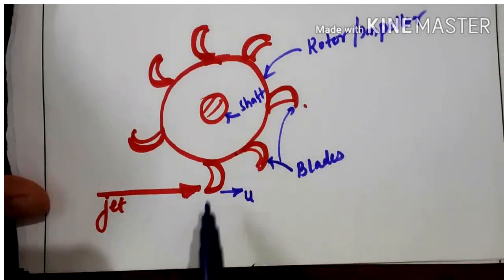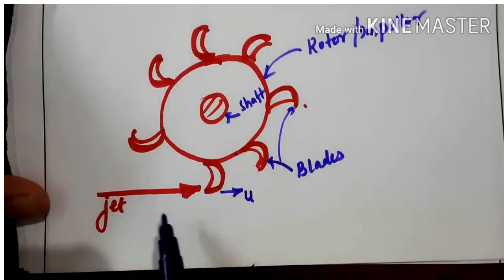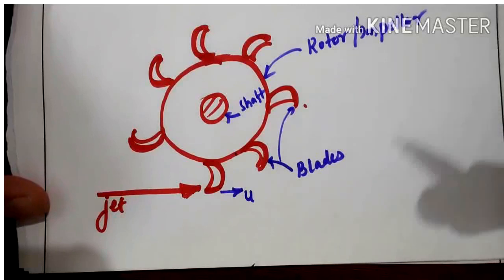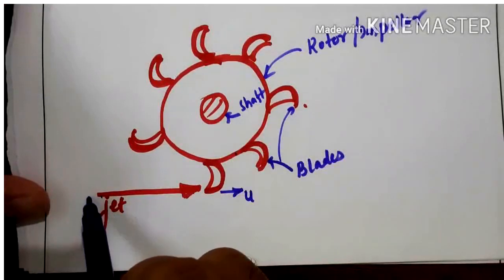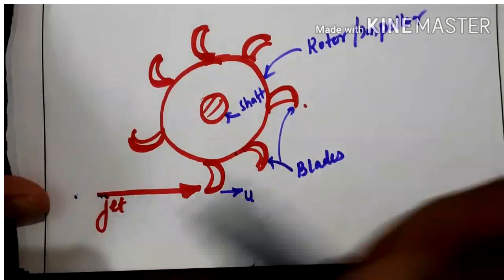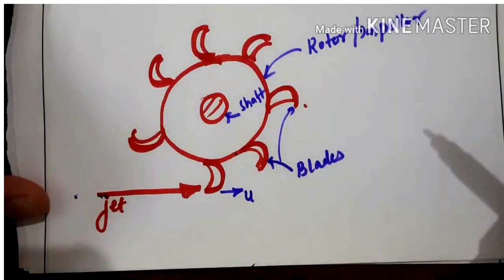Then for the analysis of forces, we need to know how the velocity changes at every stage. Before coming out of the nozzle, what was the velocity? Once it comes out of the nozzle, what is the velocity?